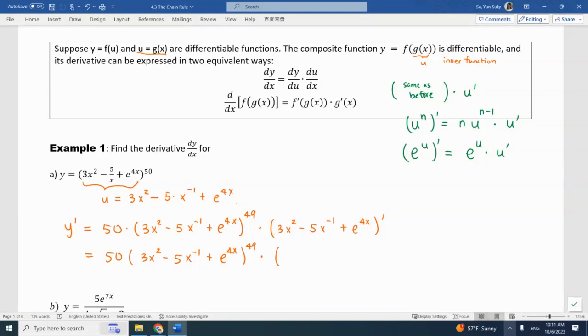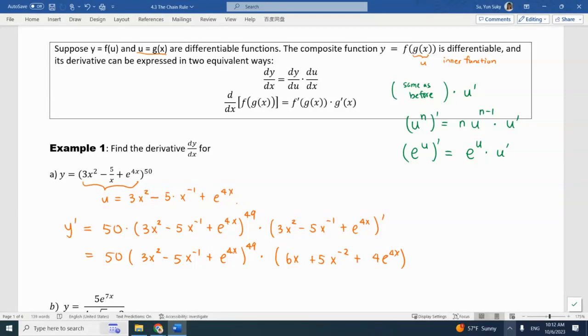Wayne, what's the derivative of 3x squared? That'd be 6x. Yes, 6x. Well, what's the derivative of negative 5x to the minus 1? Yeah, very good. Dylan, what's the derivative of e to the 4x? Yeah, exactly. That's it.